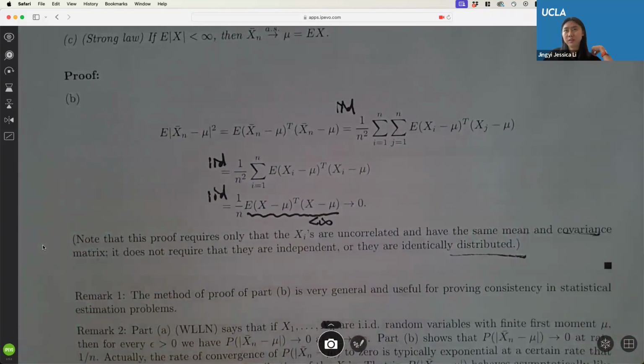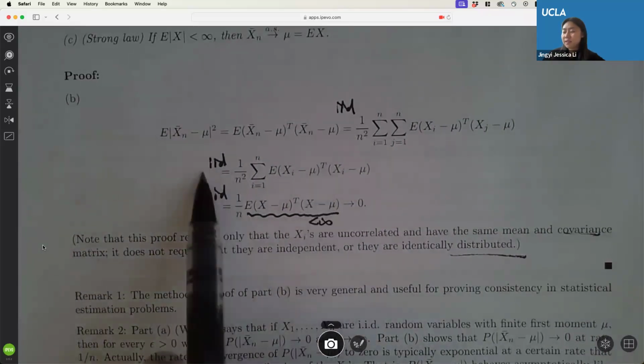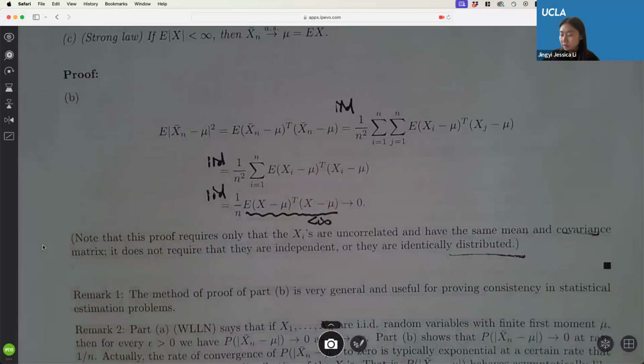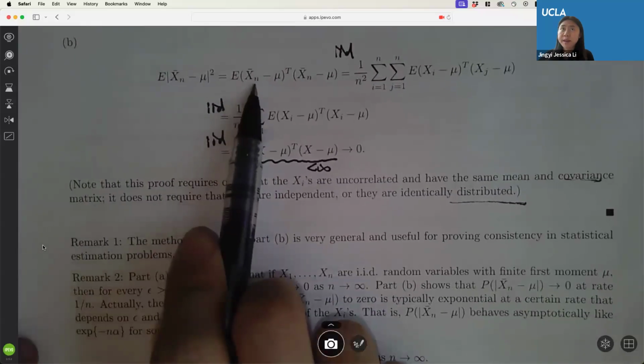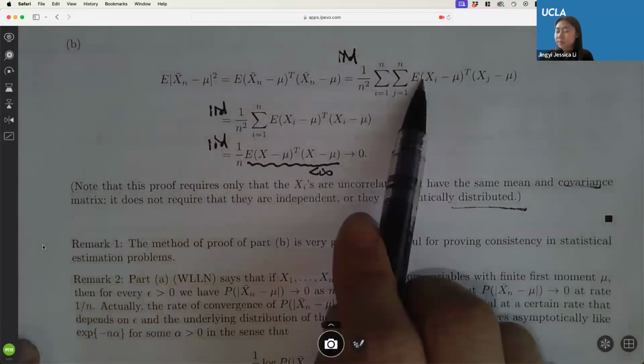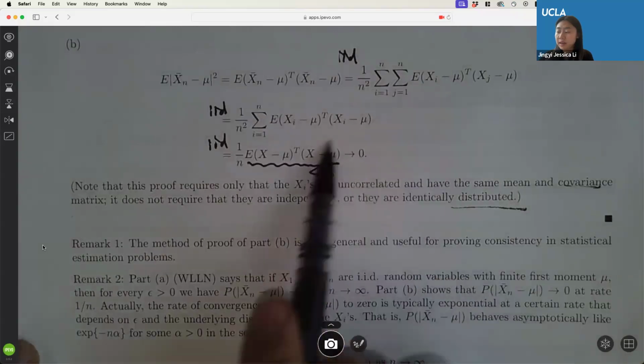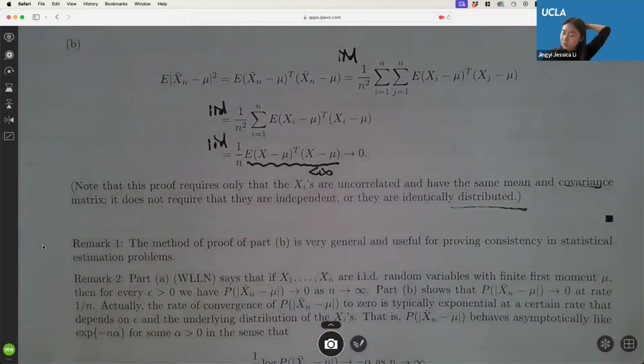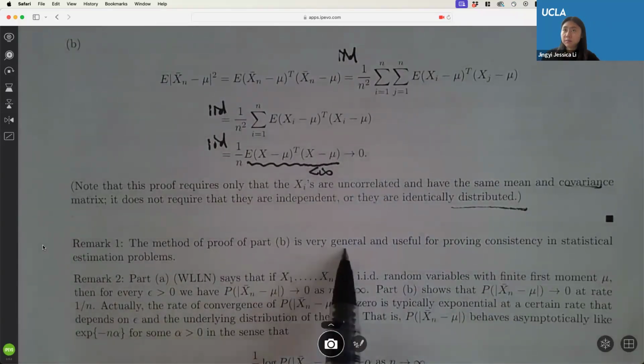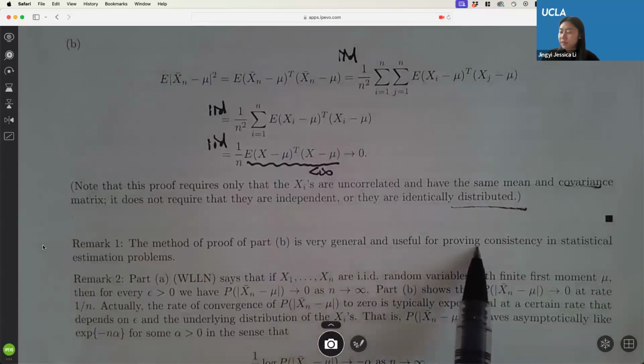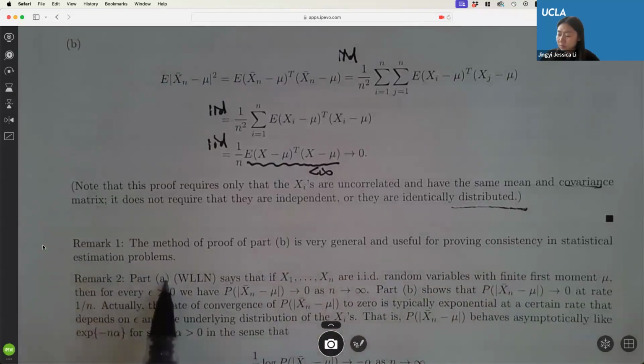You don't have to go as strong as IID, but I'm just saying if it's IID, then this follows naturally. Basically, this expansion of a statistic in terms of your sample, x1 to xn, and using identical distribution for simplification, is very general and useful for proving consistency in statistical estimation problems.